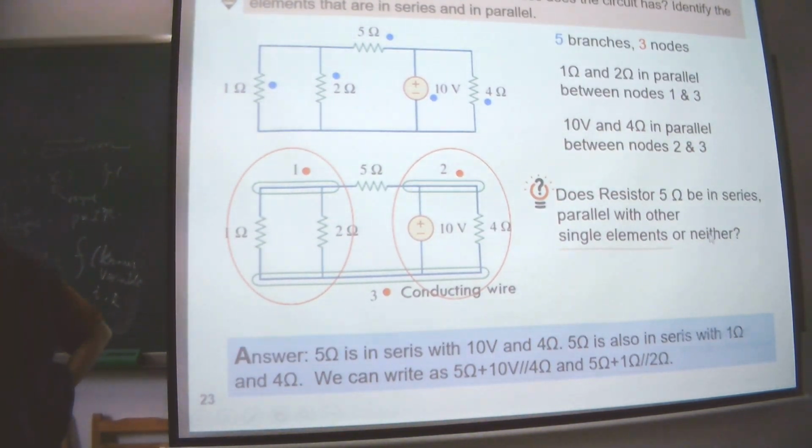You wrote here 5 ohm plus 10 volt parallel 4 ohm. This is just a relation, not a mathematical equation. It just looks like a mathematical equation, but it is not a real one. It just shows the relation. Here, plus means in series. Here, slash means in parallel.